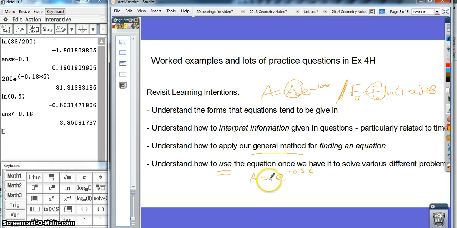So people sub in 5 and they get that, that's fine. And then the next question is find out how long it takes to get an amount of 50. And instead of putting 50 equals, they put it straight back into time. That's probably the most common mistake that people would make.